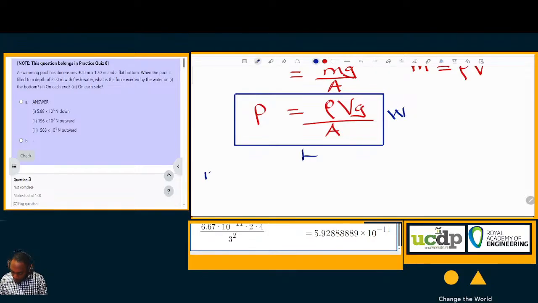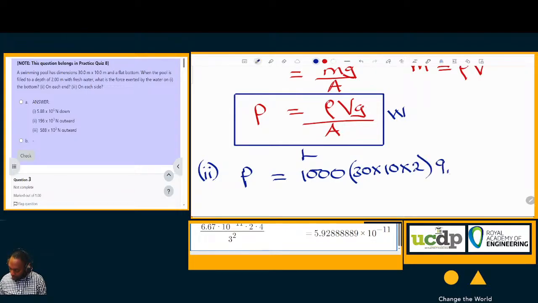So for part 1, we can substitute: pressure equals the density of water, which must be 1000 kg per cubic meter. Then the volume of the water will be your length by width by height, which would be 30 by 10 by 2, multiplied by 9.8.